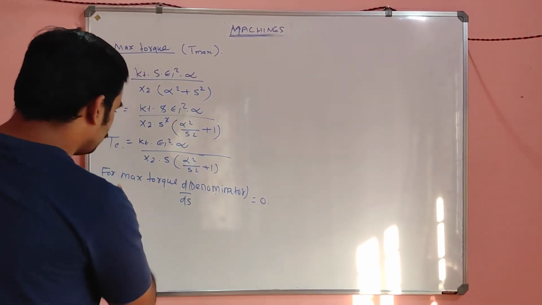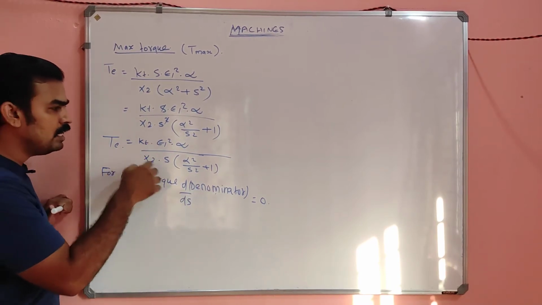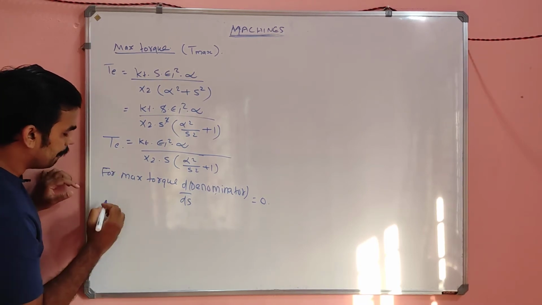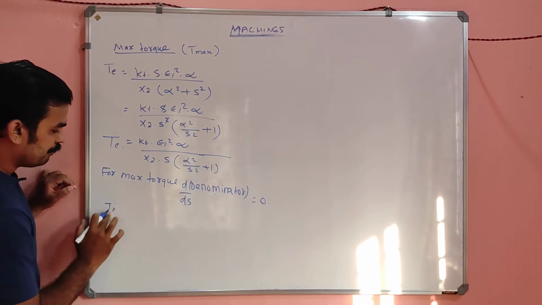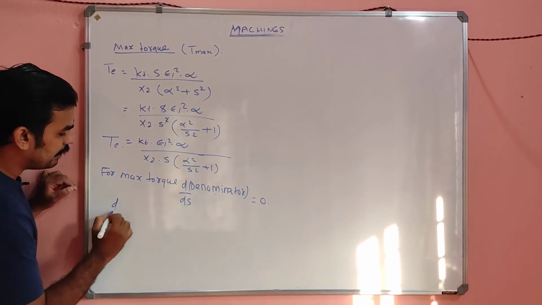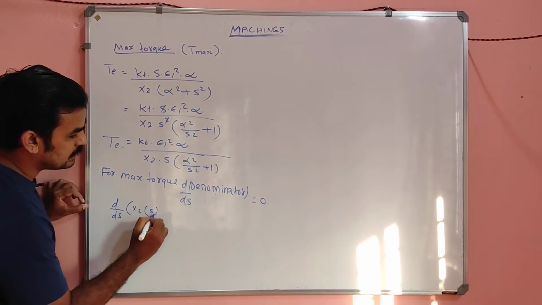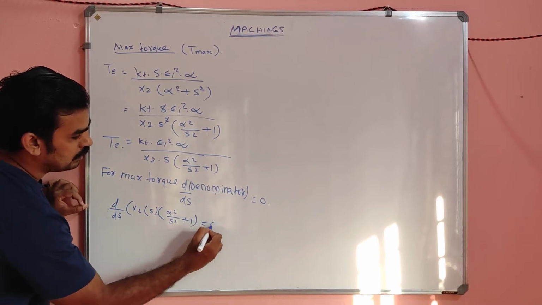Okay, where we stopped? For maximum torque, d by ds of the denominator will be 0, right? Because the only variable here is s, slip. So d by ds of the denominator, x2 into s into alpha square divided by s square plus 1, equal to 0.